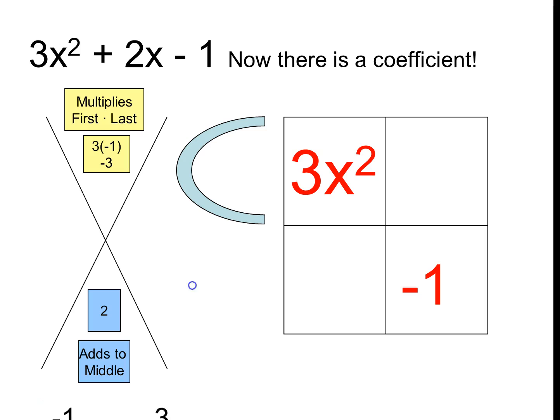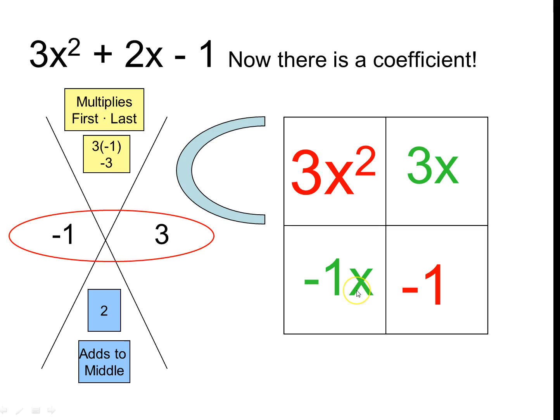Well, looky here. If I have negative 1 and 3, negative 1 times 3 is negative 3. Negative 1 plus 3 is 2. It works. Now, does it matter where I put them? It still doesn't matter. I'm going to put the 3x and the negative 1x. The difference now, when you have a coefficient, is you do have to have the box, because you need a greatest common factor.